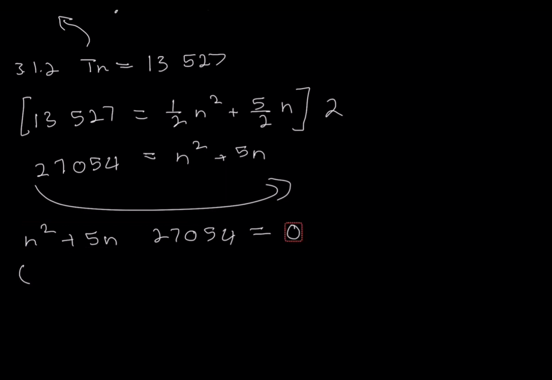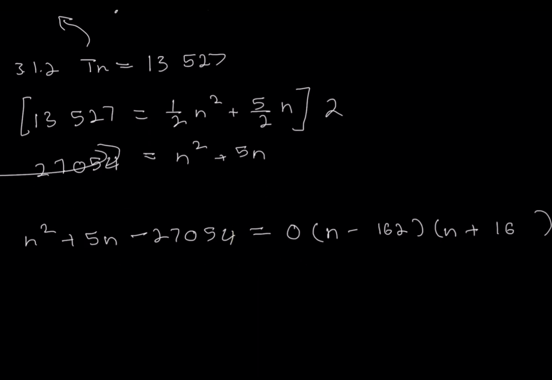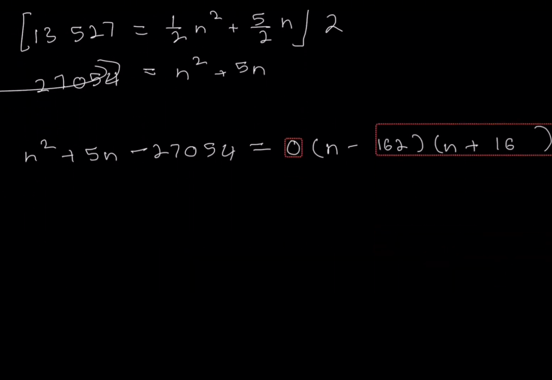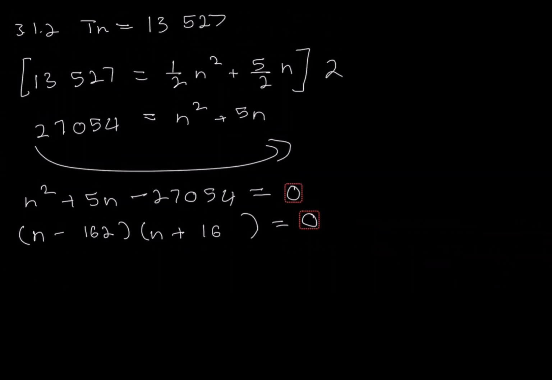Getting our factors, we know that this is n. We want a value that will give us this, and there will be different signs here because of this. We want a number from this that will give us the 5, which is 167.